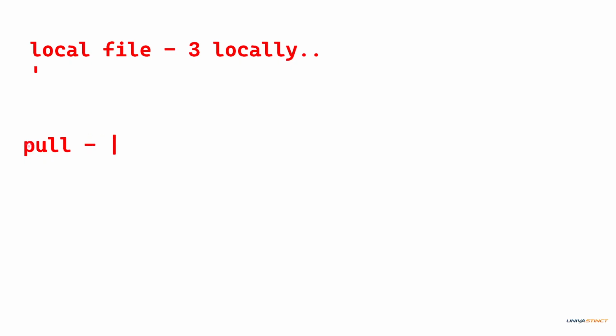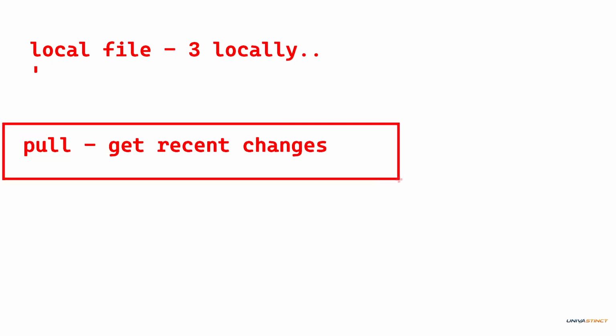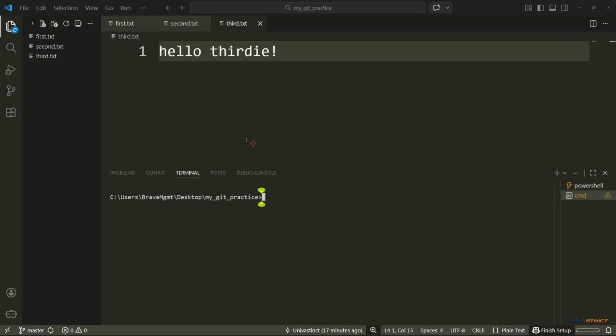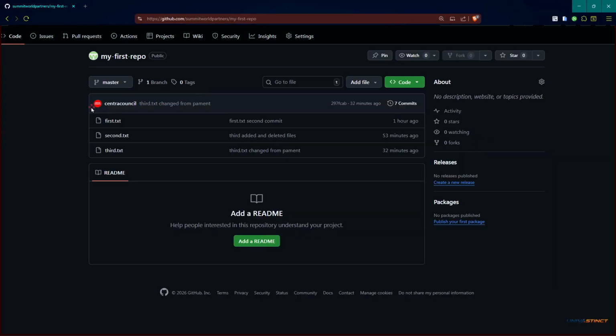Pull just allows you to get the recent changes on a particular repository, a particular project that you have already put on GitHub. It does not mean you are trying to download all the files. By the way, we haven't made any changes already, but I just want to show you what git pull is. So again, these are the files here.